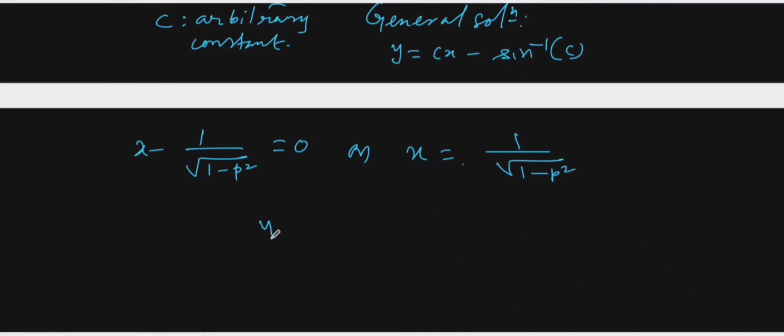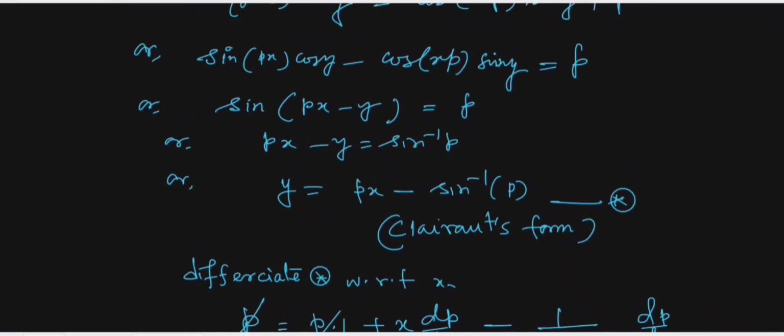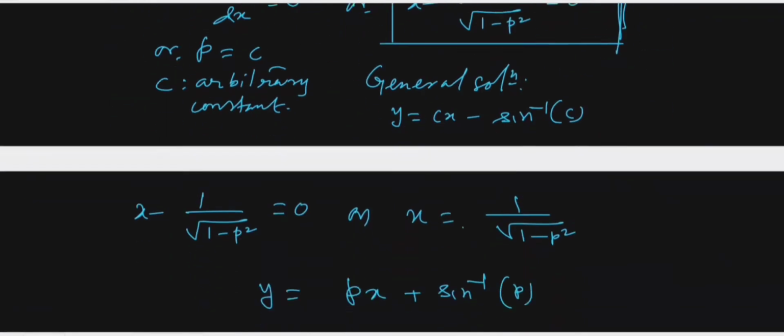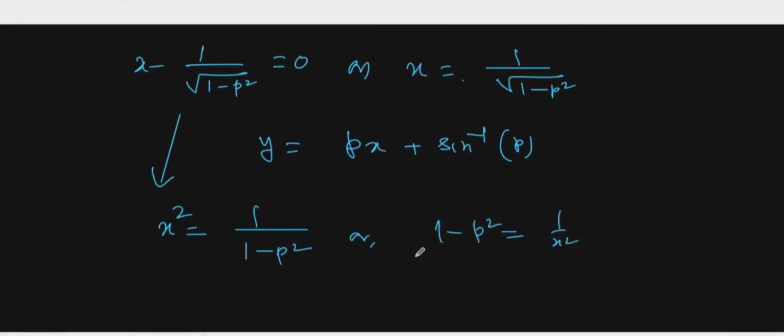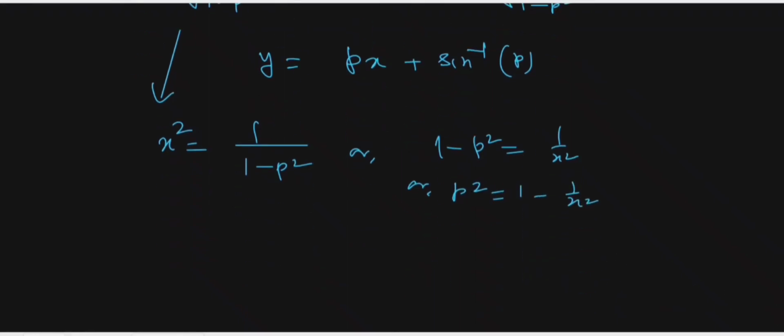But our star is y equals px minus sin inverse p. From here we'll get x square equals 1 upon 1 minus p square, or 1 minus p square equals 1 upon x square, or p square is 1 minus 1 upon x square.